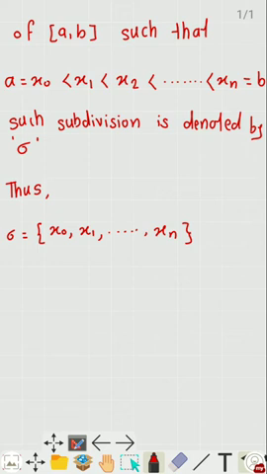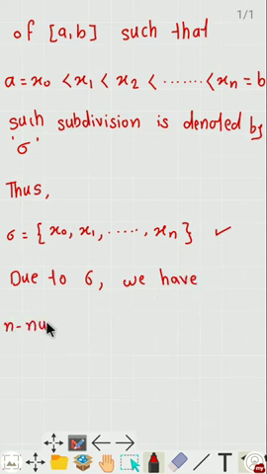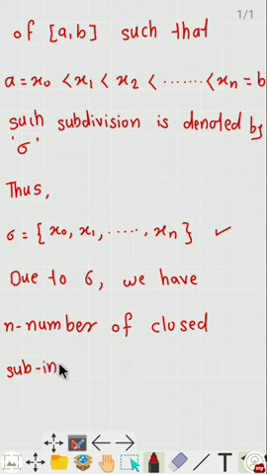Due to sigma, we have n number of closed subintervals.